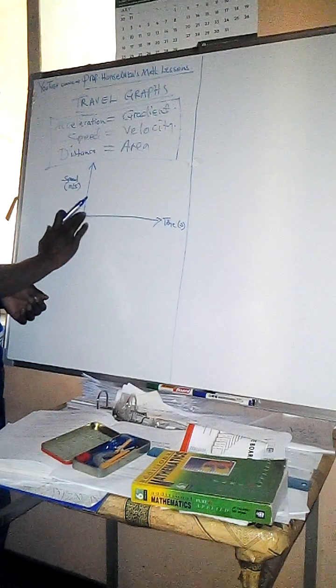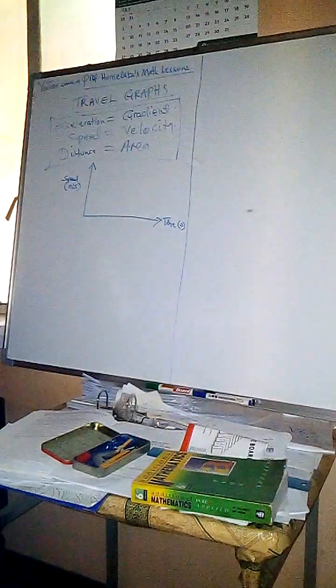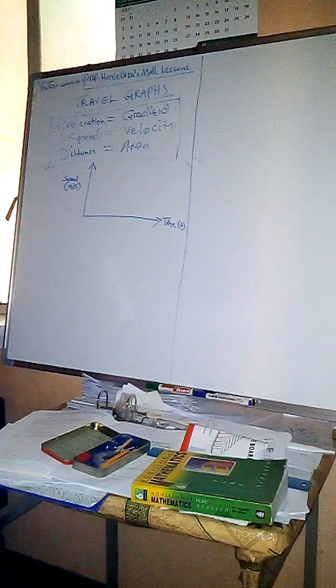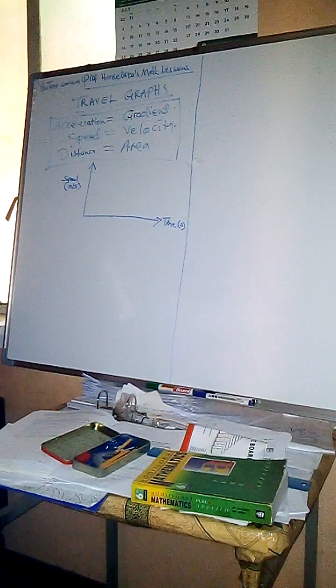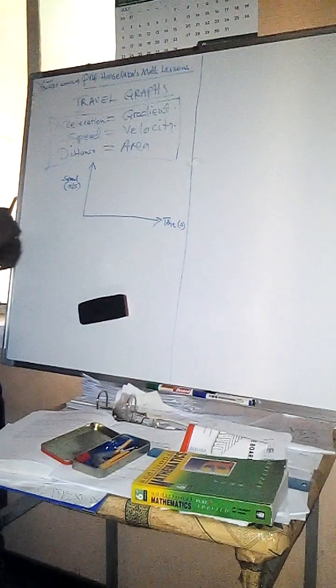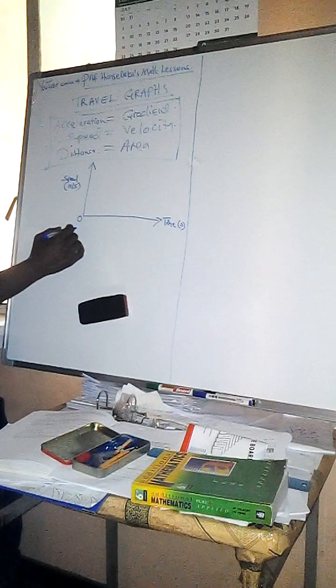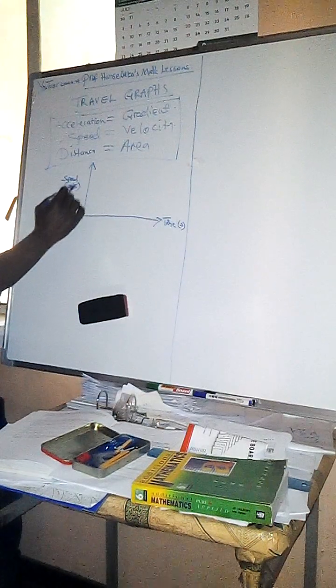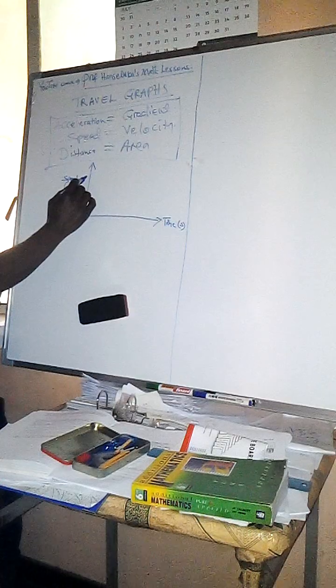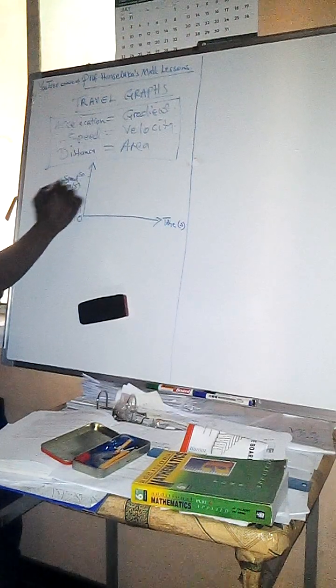So you can even indicate here that this is 0, then the highest speed is, roughly put, this is 50.